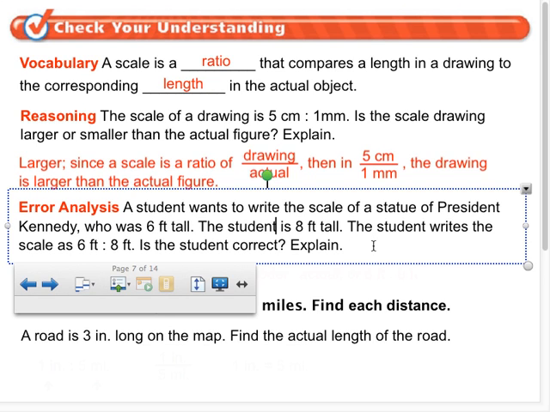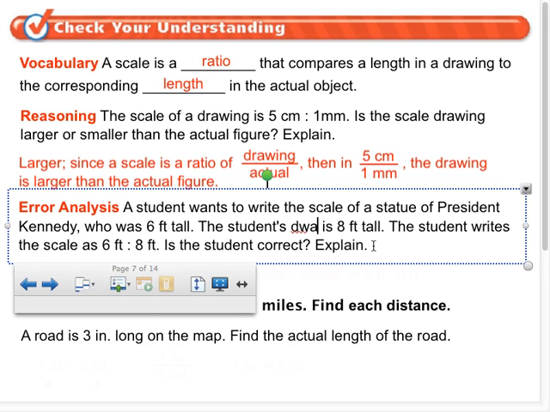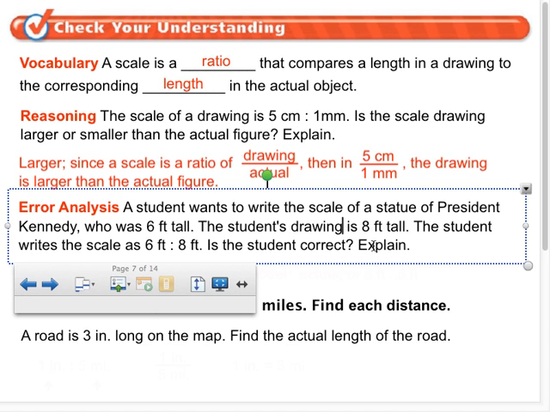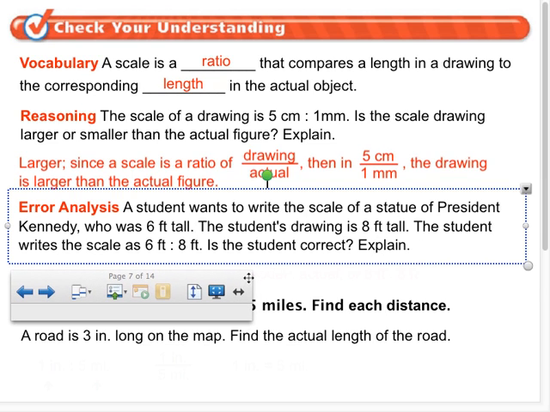I need you guys to stop talking. The student writes the scale as 6 feet to 8 feet. Is the student correct? Explain.